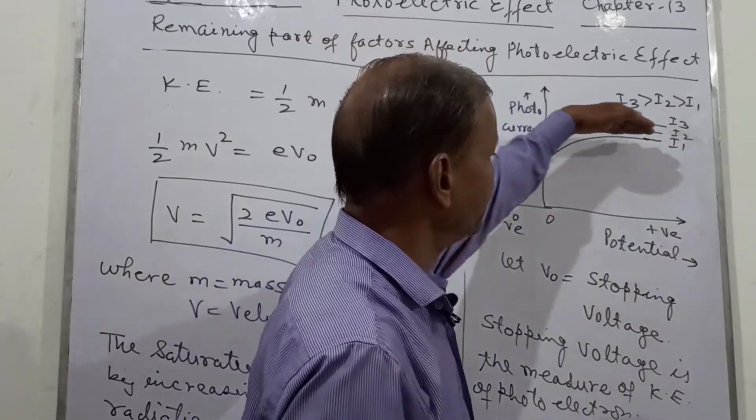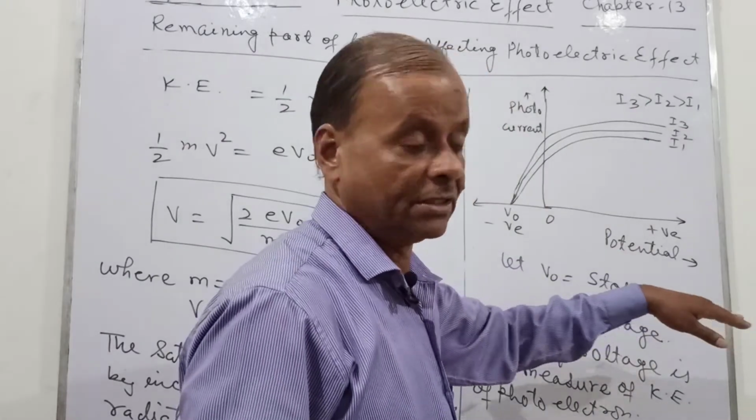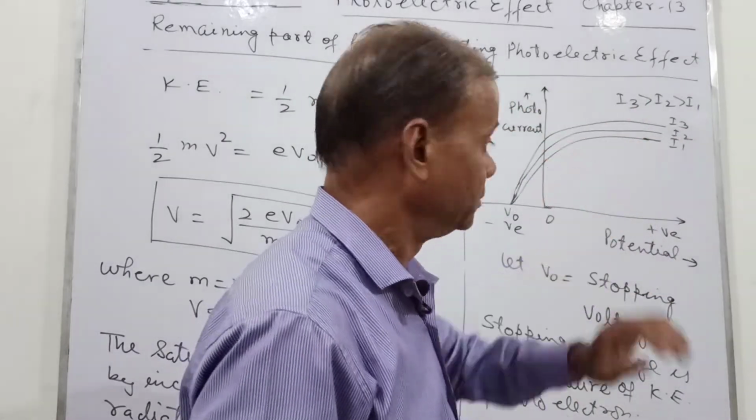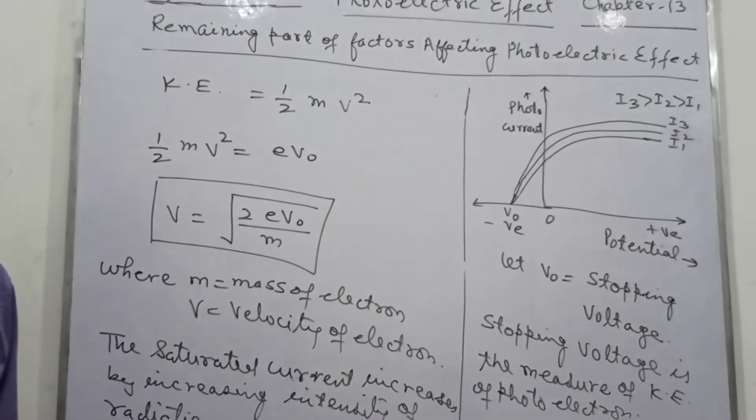When the graph becomes parallel to the potential axis, the current is constant. This is called the saturated current.